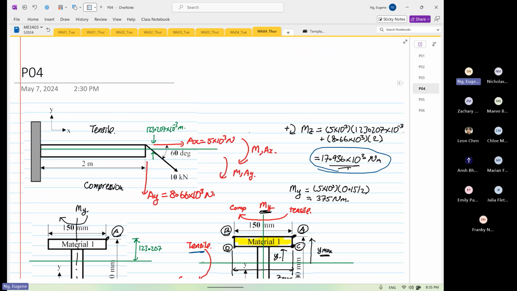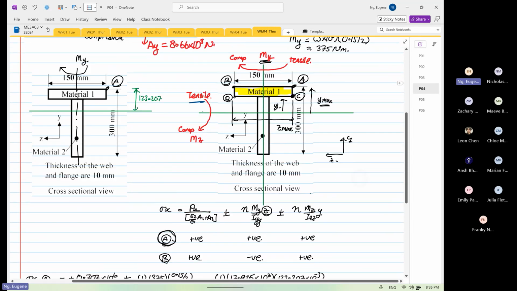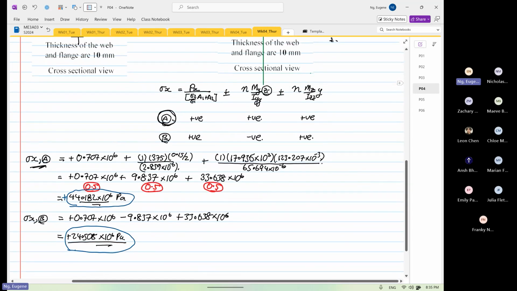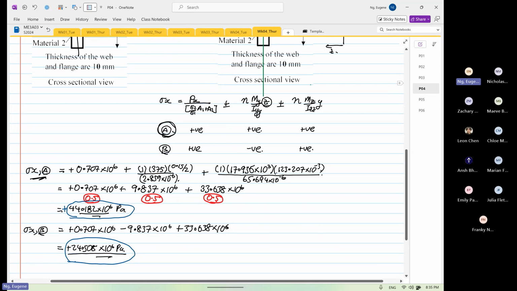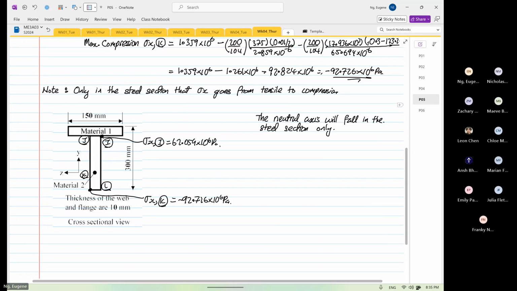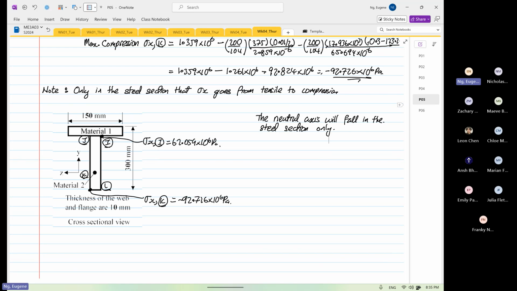Because for the brass, material one, everything is in tensile. There's no compression. Whereas for the steel, point I is already in tensile mode, and then point K is in compression.